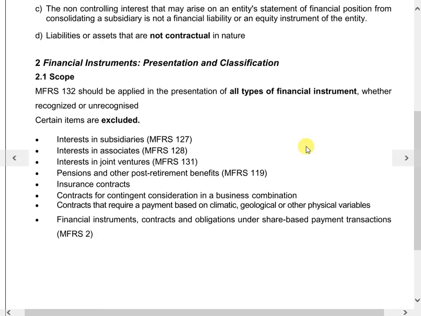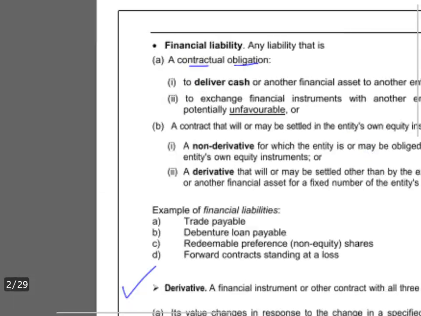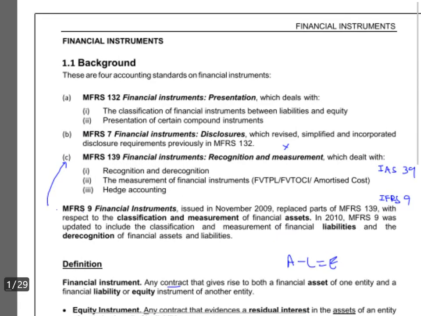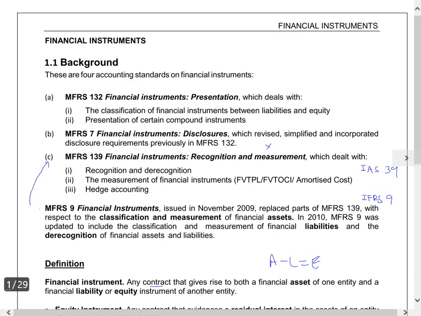Now, scope. These are all excluded from our standard. Meaning here, how many standards do we have altogether? We have MFRS 132, which is IAS 32. We have MFRS 7, MFRS 139, and MFRS 9. 4. Repeat, so you don't get confused.